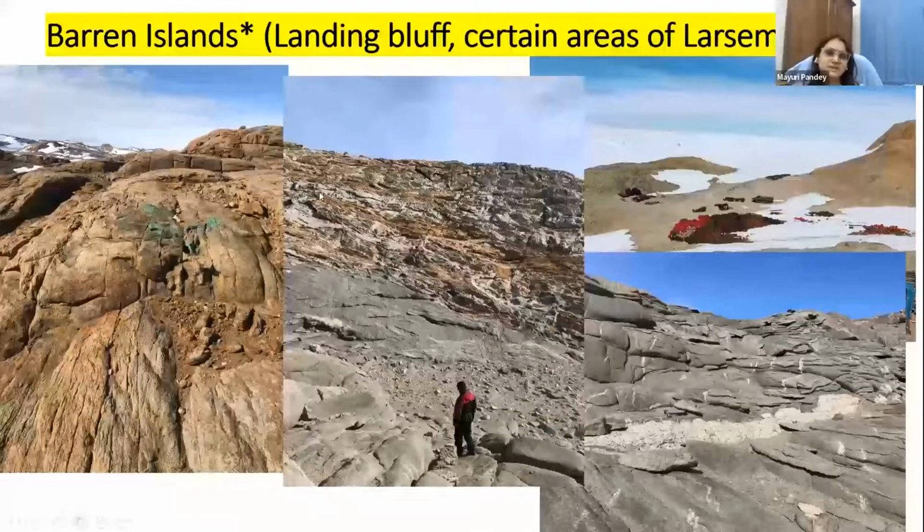These were certain areas of landing bluffs, and this particular picture shows the area of Provenance Island. This is the Dalcoy Island, and this particular picture shows the images of landing bluffs.